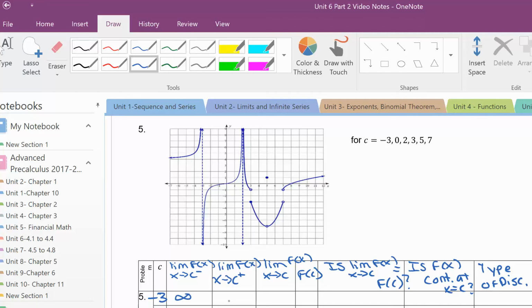From the right it's negative infinity. That means the limit doesn't exist here because it's unbounded behavior. F of c is undefined. The limit and the value of the function are not the same. It is not continuous. It is a non-removable infinite discontinuity because it's a vertical asymptote.